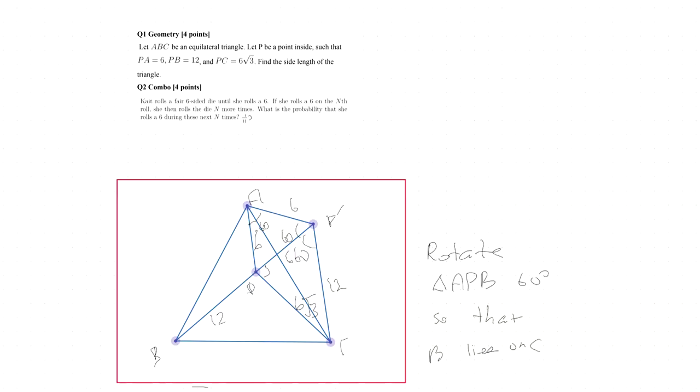Problem two, we can use complementary counting here. For problem two, we can calculate the chance that she won't roll a 6 during the next n times. So let's do casework on n. Let's say that she gets a 6 on the i-th turn. Then that means the first i minus 1 are not 6, and the next i are also not 6.